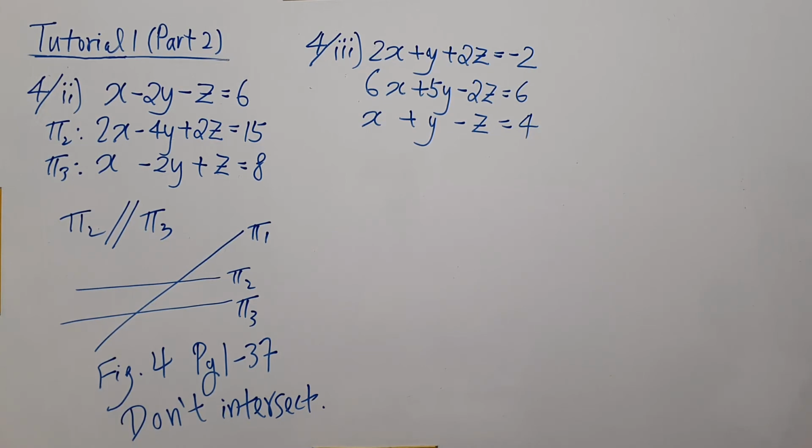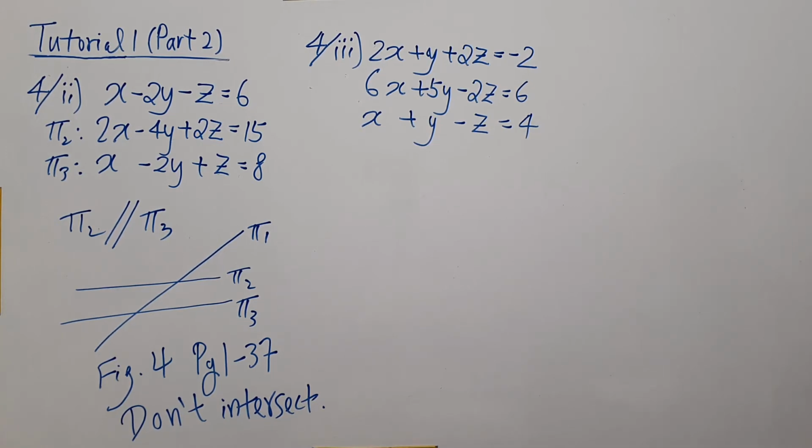You check very carefully that in these 3 equations of the 3 planes, they do not have any parallel planes at all. You can check the first with the second, the first with the third, and then the second plane with the third plane. So you don't have any parallel planes at all. So figure 3 and 4 are out.